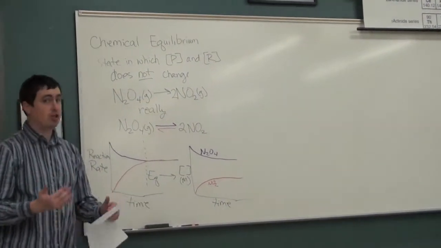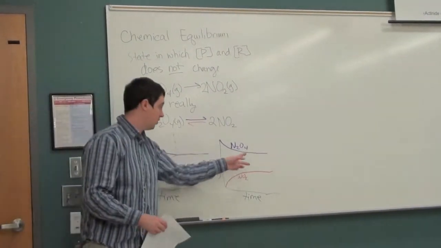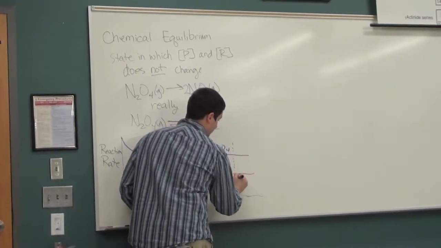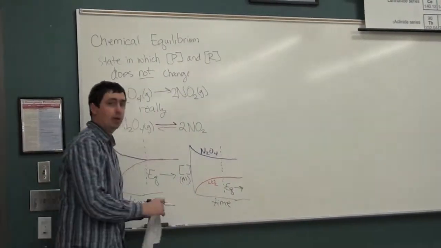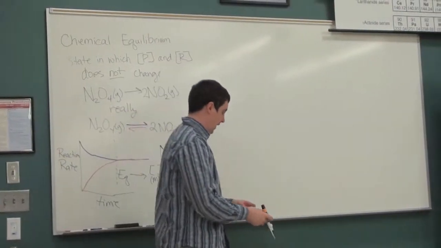Notice at this point the concentrations don't have to be the same. The reaction rates have to be the same, but the concentrations do not. And once the concentrations stop changing, once again, we're at chemical equilibrium for the rest of the reaction, in both the forward and reverse reactions.